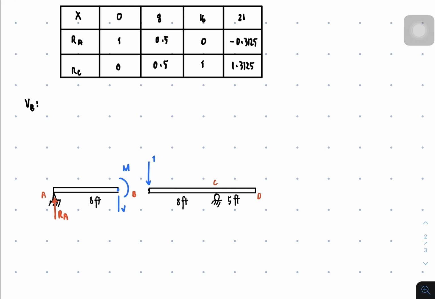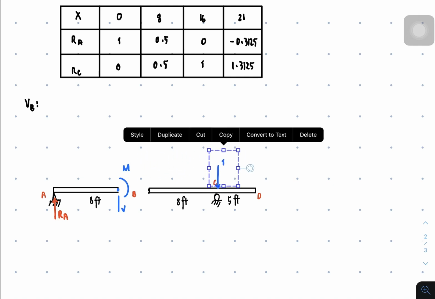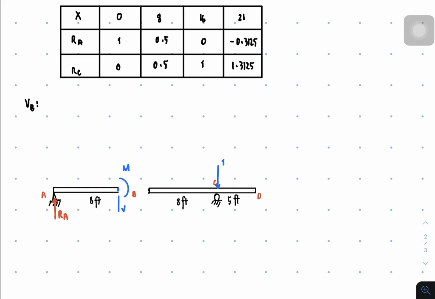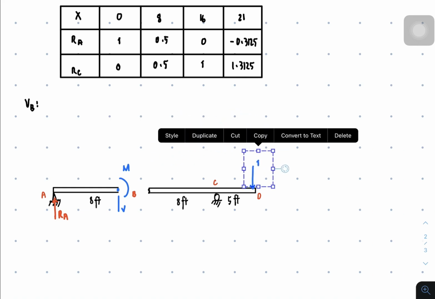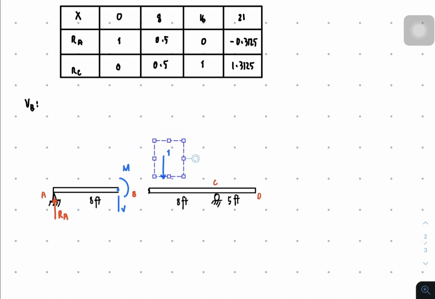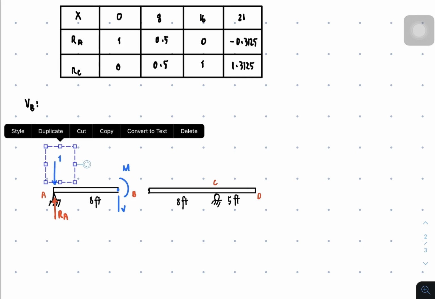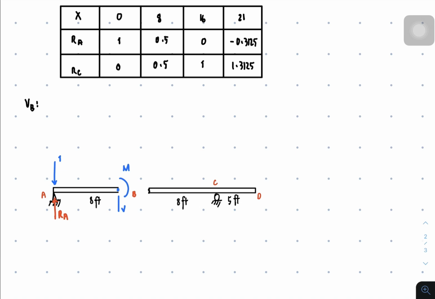And then again, we will be placing the 1 unit load at point C. So remember that RA at point C is 0, but of course the 1 unit load is no longer in the section that we consider. So next is you place it in the last part. So basically we're going to transfer the 1 unit load from one point to another.